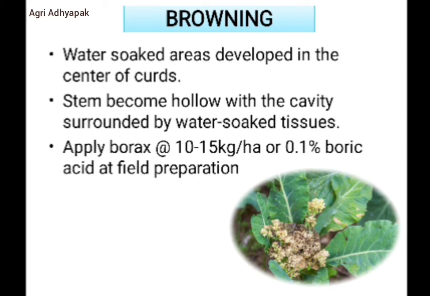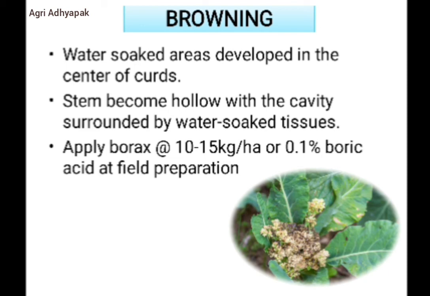As we can see in the diagram, it will be brown in color, which means after the tissue damage, the tissues will turn brown or black. So the areas which are water soaked will become brown, which means dead, or we can also say decay.